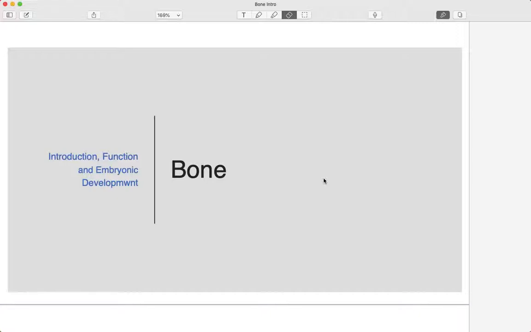In today's lecture, I'm not going to focus on the microscopic anatomy of the bone. What I'm going to do today is introduce you to the bone, talk about some functions of bone, and touch on embryonic development.